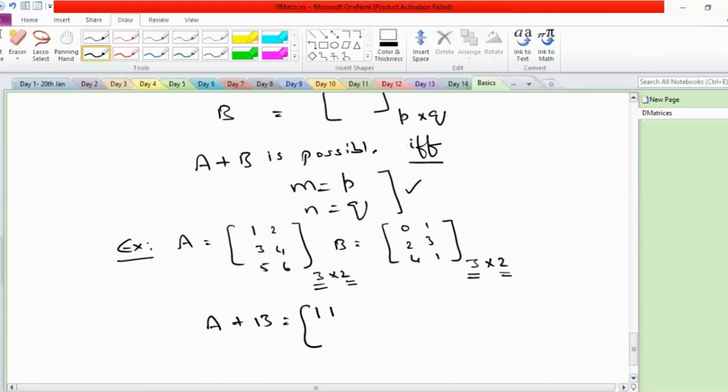That means 1 plus 0 first, then 2 plus 1, 3 plus 2, 4 plus 3, 5 plus 4, 6 plus 1.